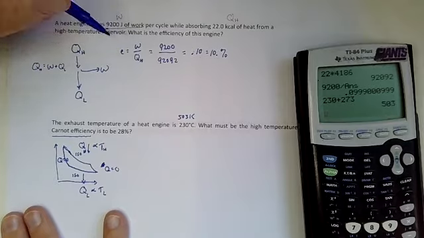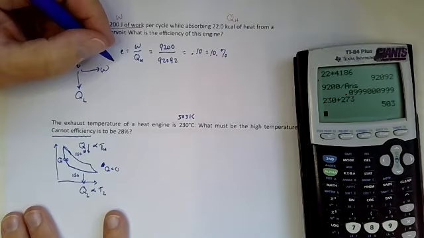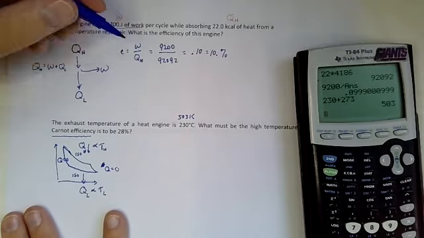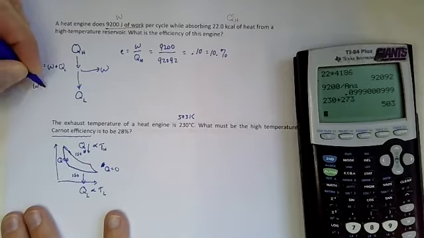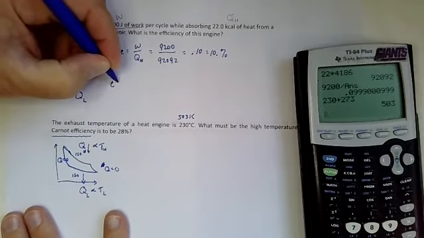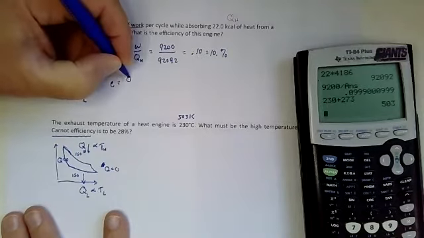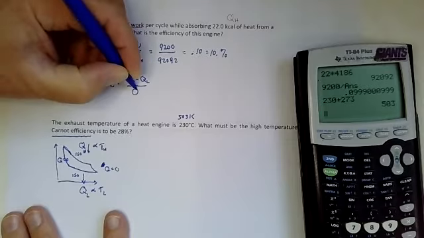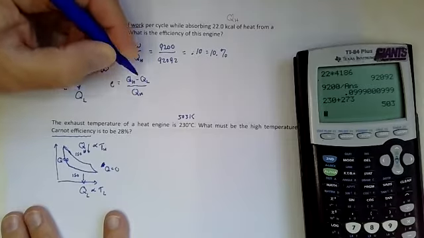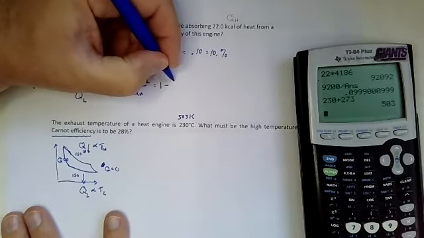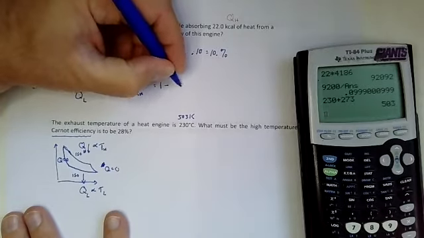So if I take this relation here and substitute in for work, so work is equal to QH minus QL, then the efficiency can be written like this, where I've got QH minus QL all over QH. And of course, that cancels off and gives 1. So this is 1 minus QL over QH.